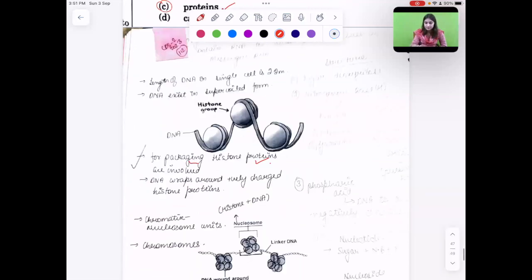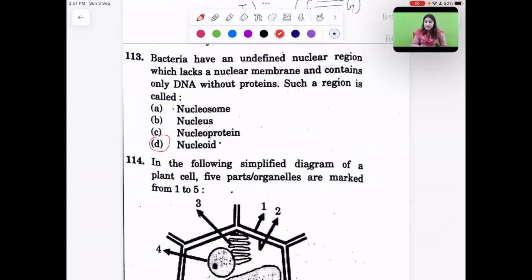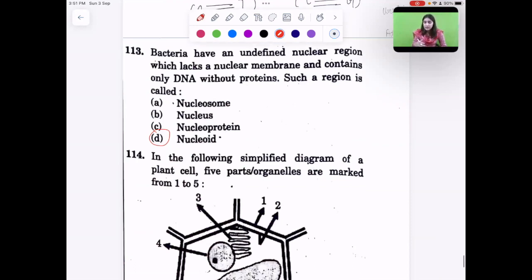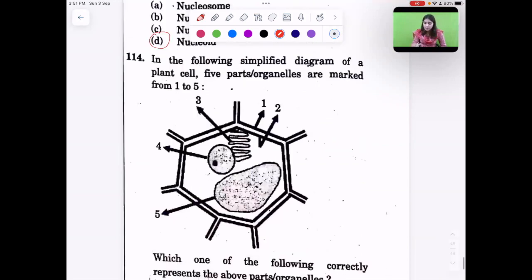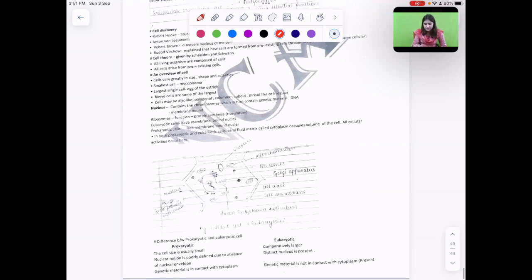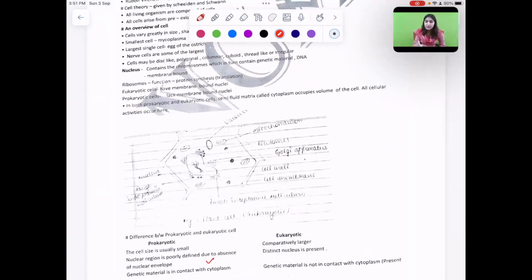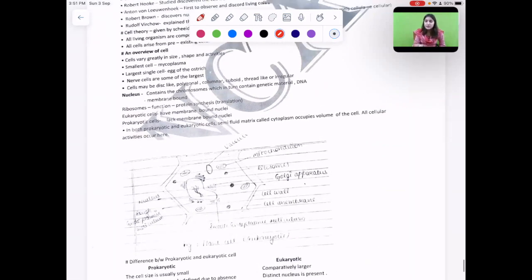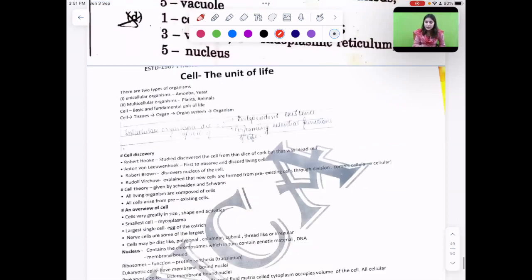Next, bacteria have an undefined nuclear region which lacks a nuclear membrane and contains only DNA without proteins. Such a region is called. So we know this, we did it many times, that bacteria do not have a nucleus. Whatever they have is called nucleoid. So option D, nucleoid.